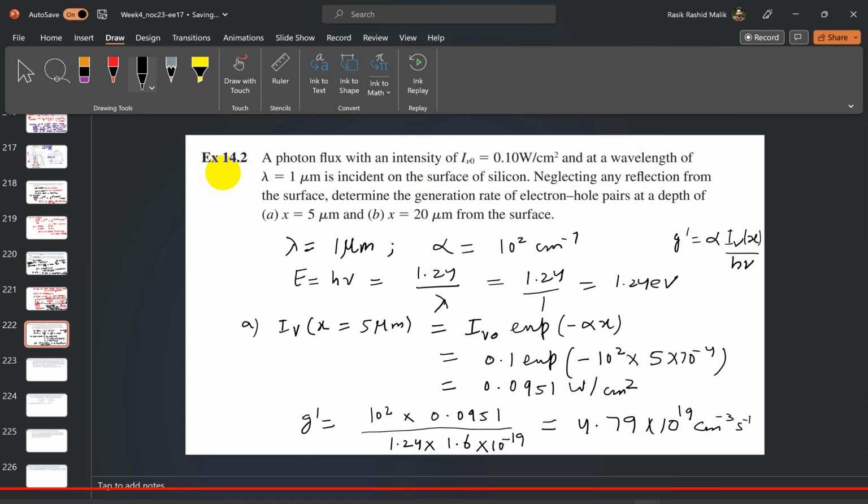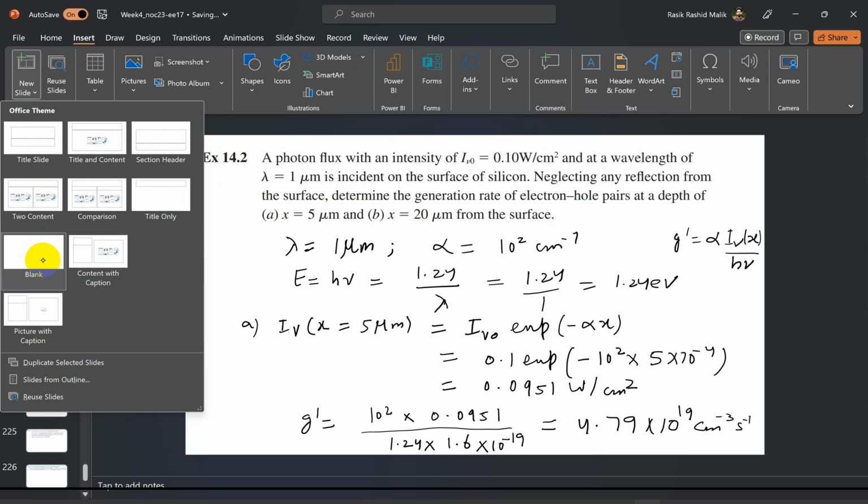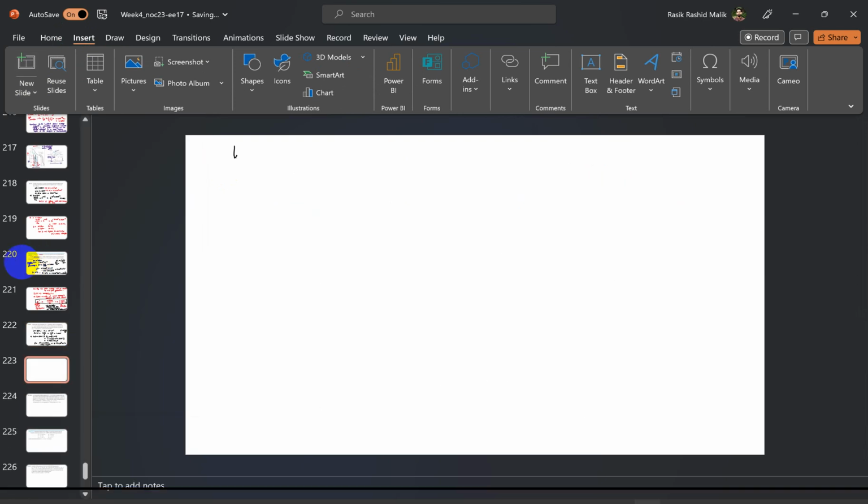Now let's go to the second part of this question, where we have to calculate IV at x equal to now 20 micrometer.